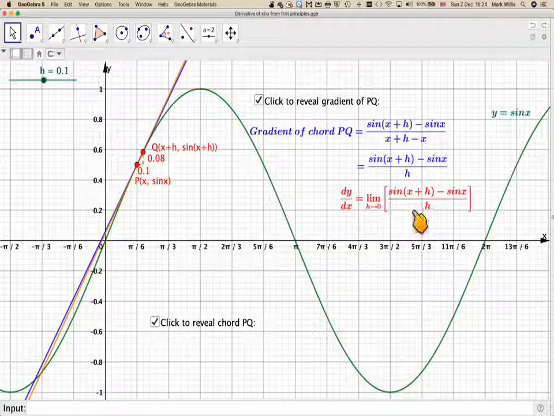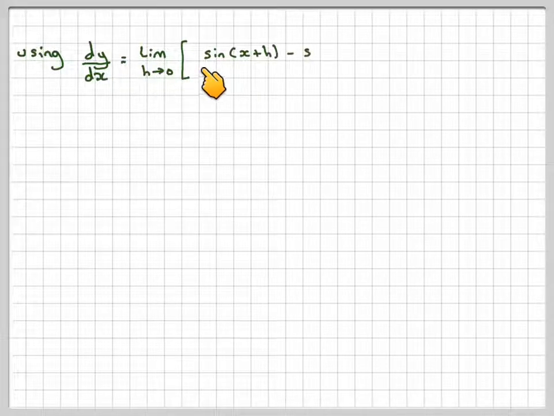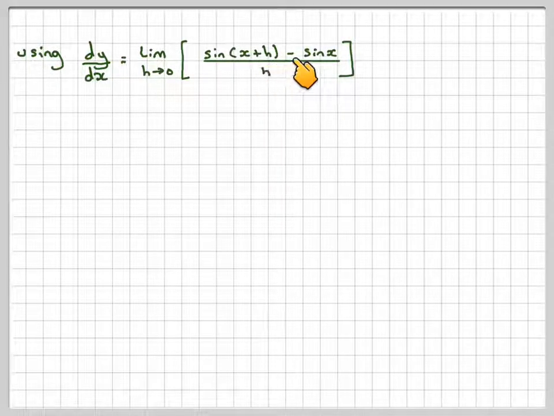And if I do some algebra on this, which I'm going to do in a minute, I can actually find the derivative of y is equal to sine x. So going back to this, there's a picture of what I've just done. But I'm saying that the gradient, dy by dx, is going to be the limit as h goes to 0 of sine of x plus h minus sine x, over h.